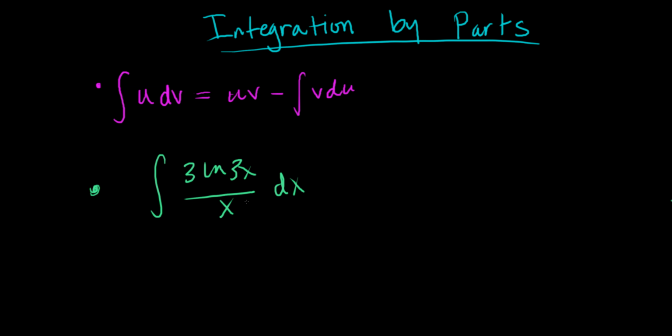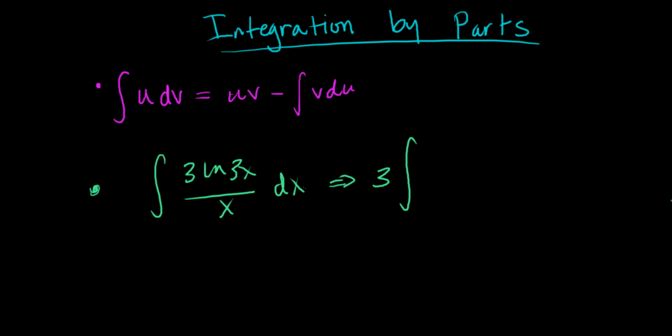So what I recommend is anytime you get to a problem, simplify wherever you can first. For example, we have this 3 in front of the ln of 3x. That's a constant. Pull that out of the integral. And so we'll have 3 times. Now, I could write it as we had it here, ln of 3x over x.